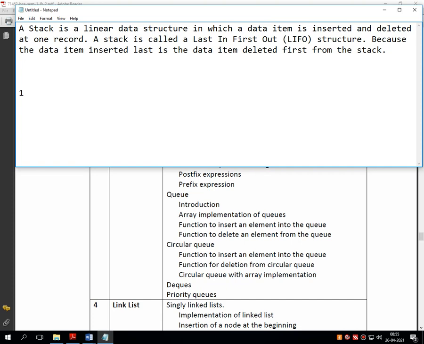Suppose I am inserting 1, then 2, but this 2 is above this 1, then 3, then 4, then 5. Whenever the execution occurs, this 5 will be executed first, then 4, then 3, then 2, and then 1. That thing is called last in first out.